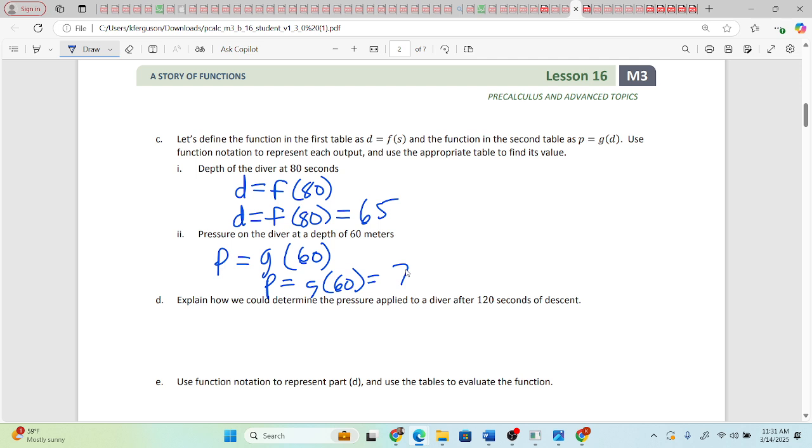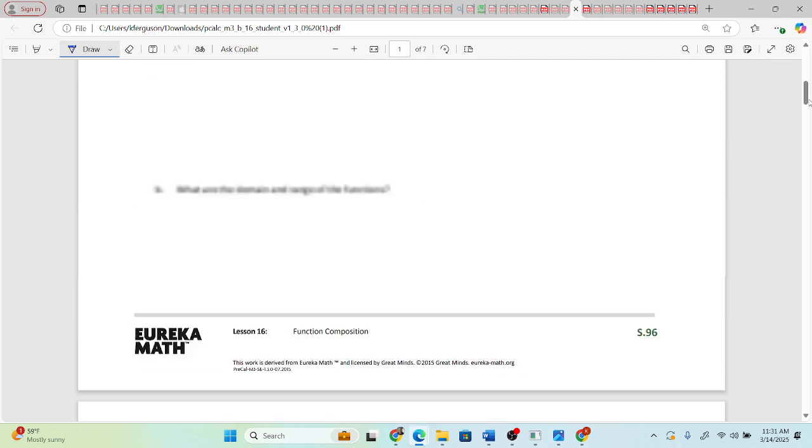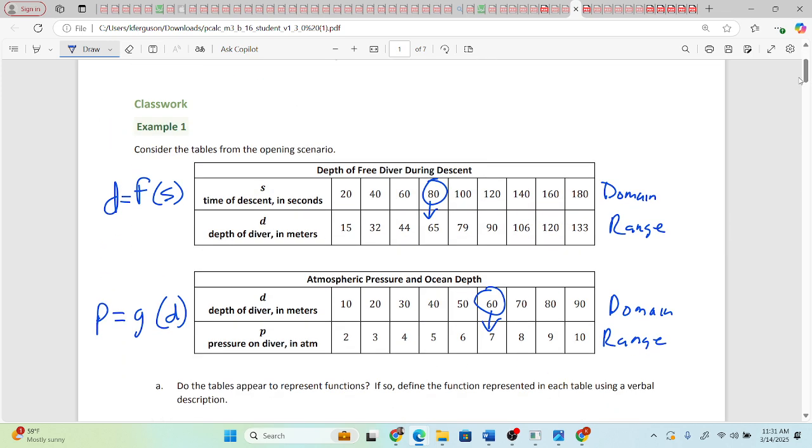Okay. So let's think. Explain how we could determine the pressure applied to a diver after 120 seconds of descent. So let's go back to our charts. The question said, how could we determine how much pressure is applied to a diver after they spent 120 seconds going down in the water?